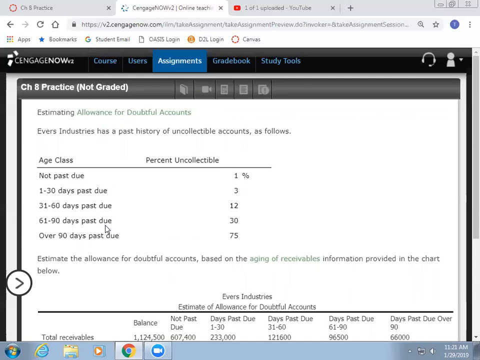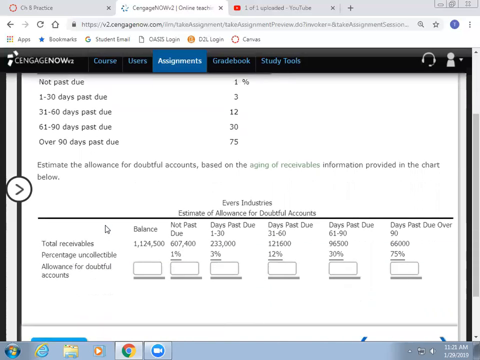So they're going to give you this table, and then they're going to tell you the account balances in each of those late categories. If I scroll down here, my total receivables at the end of the year are $1,124,500. Of that, $607,400 is not past due.